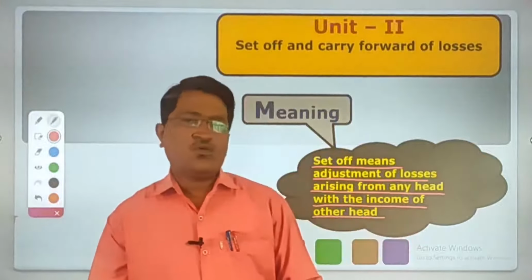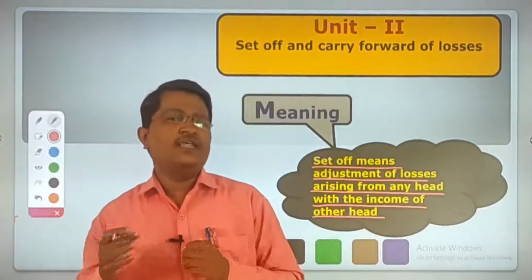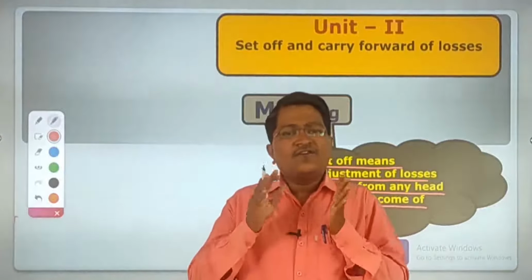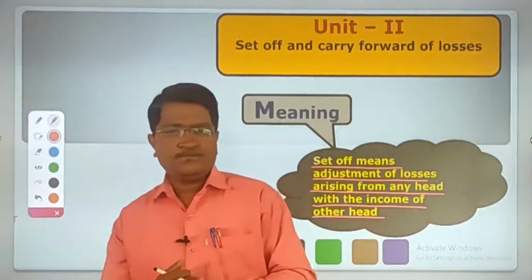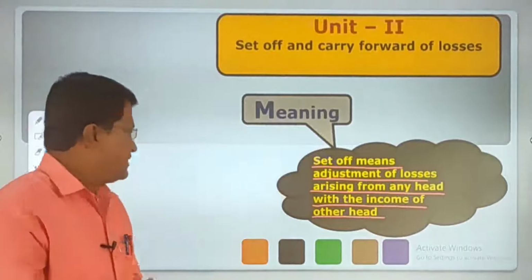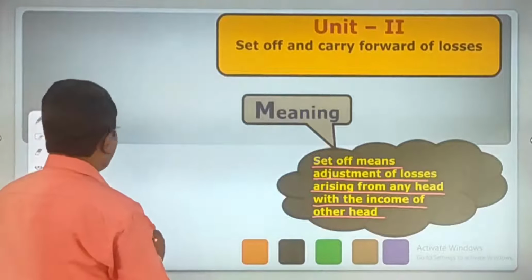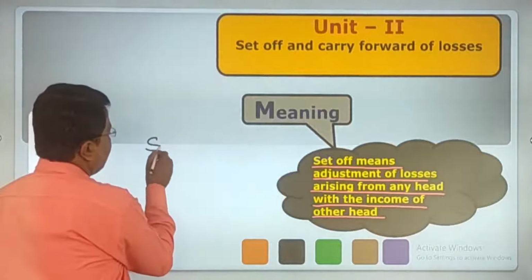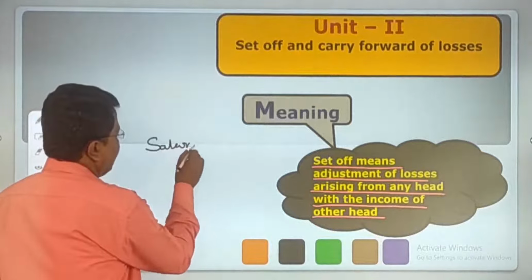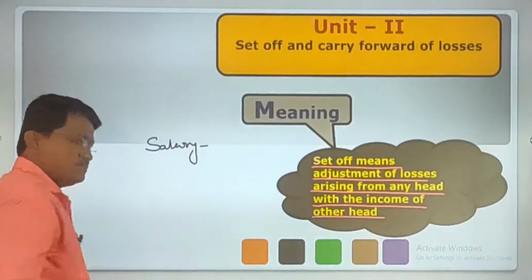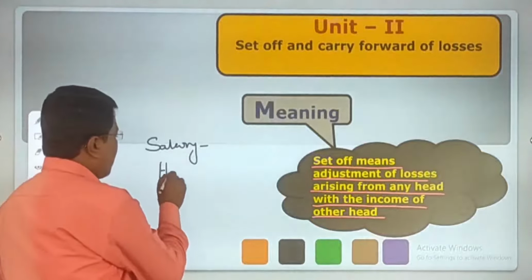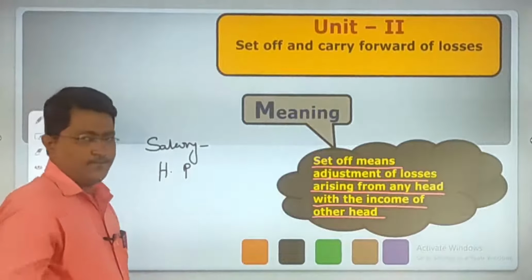So as you know, what are the heads of income? Can somebody tell me what are the 5 heads of income? Yes, very good, now tell me one by one. What's the first head of income? That is income from salary. Then what's the second one? Income from house property.